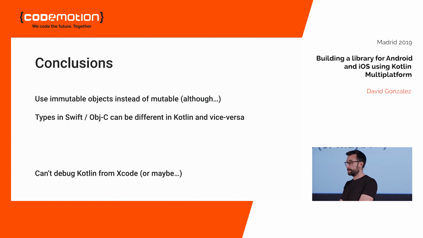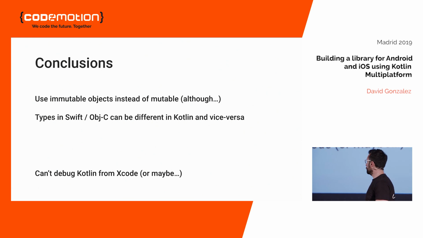There are types in Swift or in Objective-C that can be different in Kotlin. It might happen that when you expect a struct in iOS, it's not the same constructor as in Android, so some variables might be different. If that happens, you're going to have to have a specific patch for it.